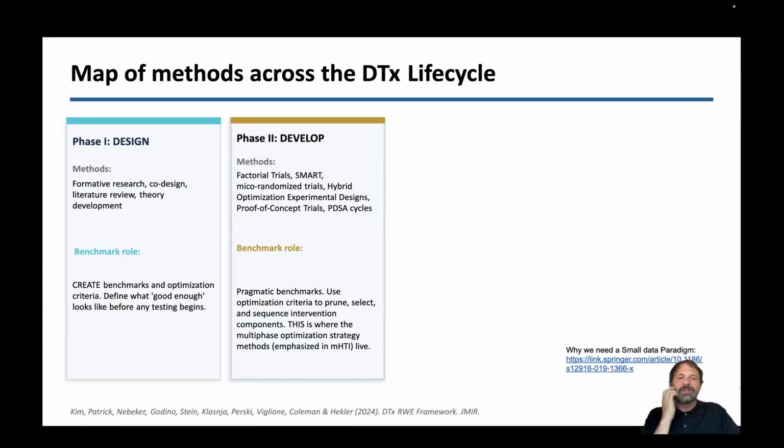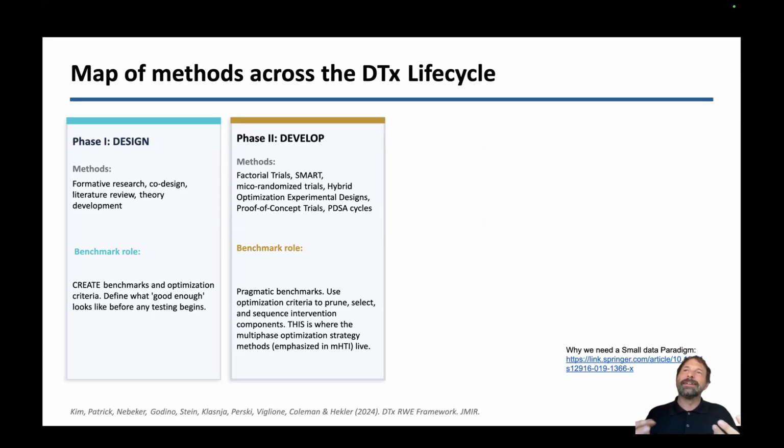And this is where all of these trial designs from the multi-phase optimization strategy really become gold, right? This is where all that beautiful evidence of factorial trials and SMART trials and micro-randomization trials and hybrid versions and things like that really come into play. And I'm not going to go into depth on these, but we will be getting into this. We have lots of resources for you if you don't know what all these trial designs are to teach you about them.